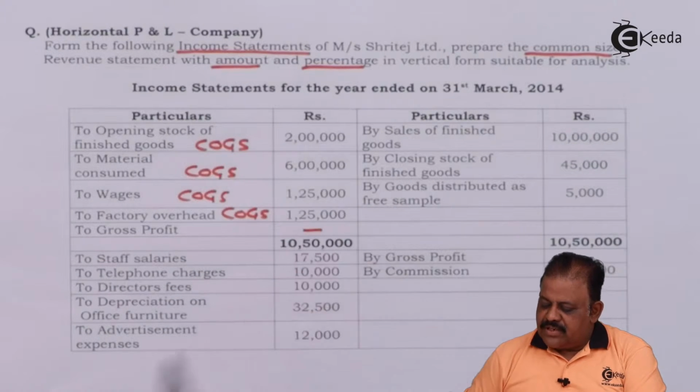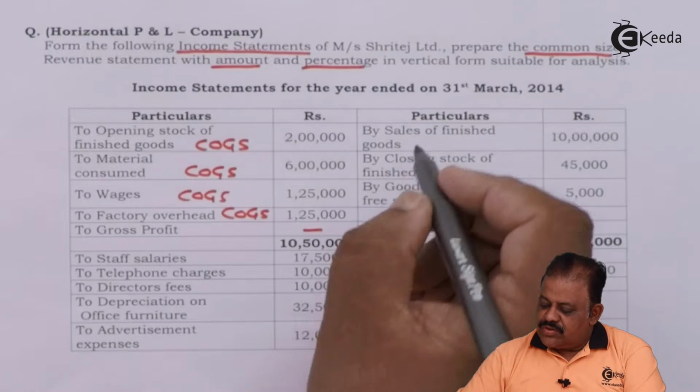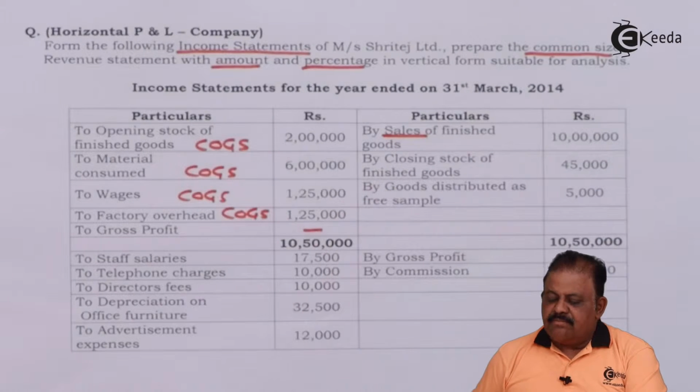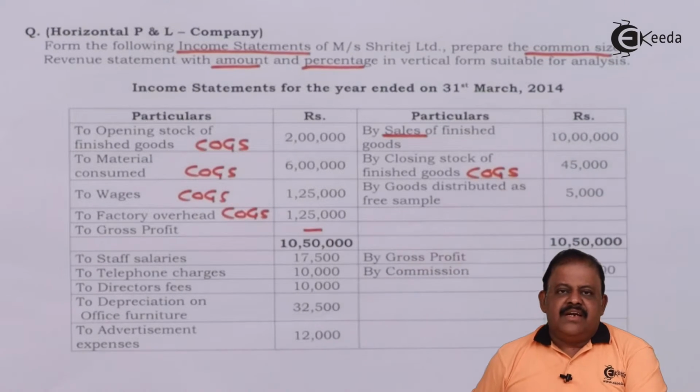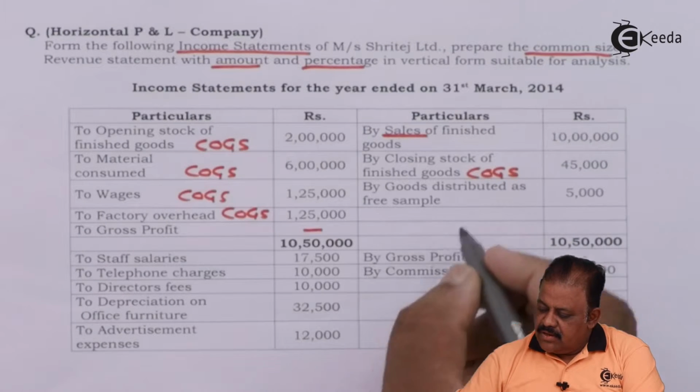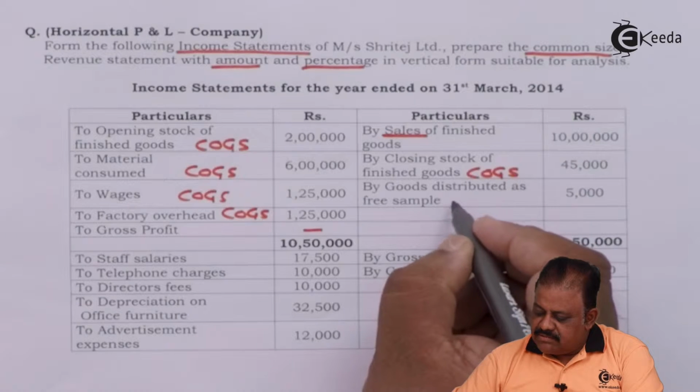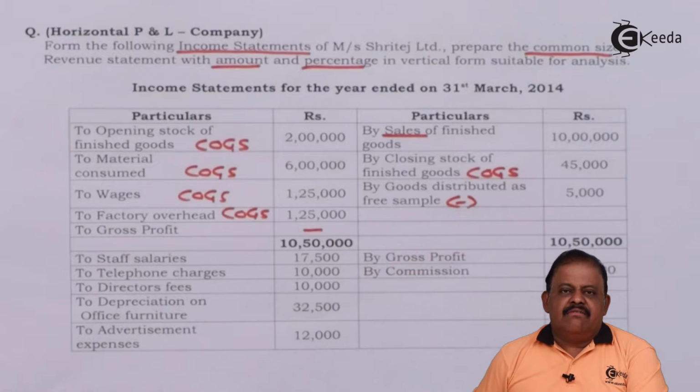There is no gross profit. Sale of finished goods, this will be first item, sale. Closing stock of finished goods, this has to be deducted while calculating cost of goods sold. Goods distributed as free samples, this will be also deducted while calculating cost of goods sold.